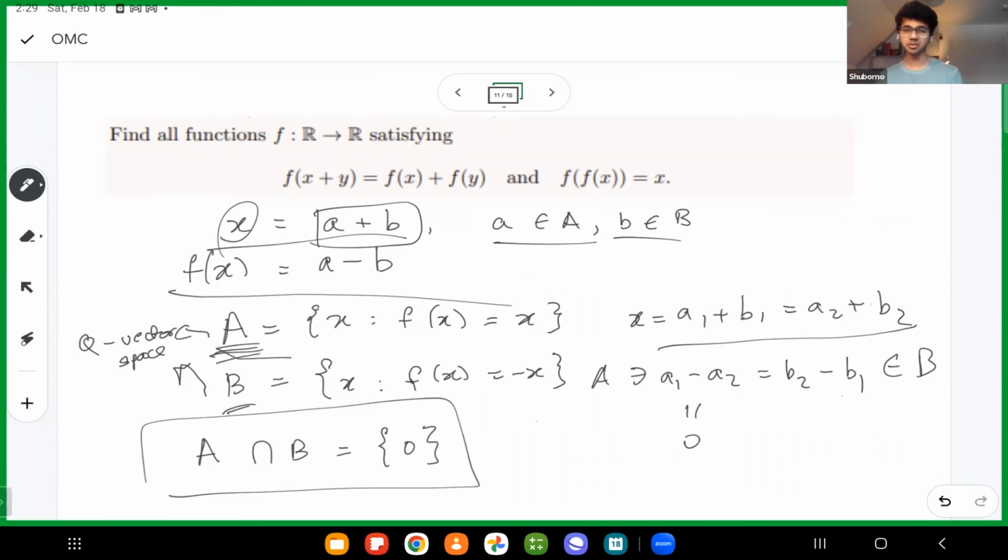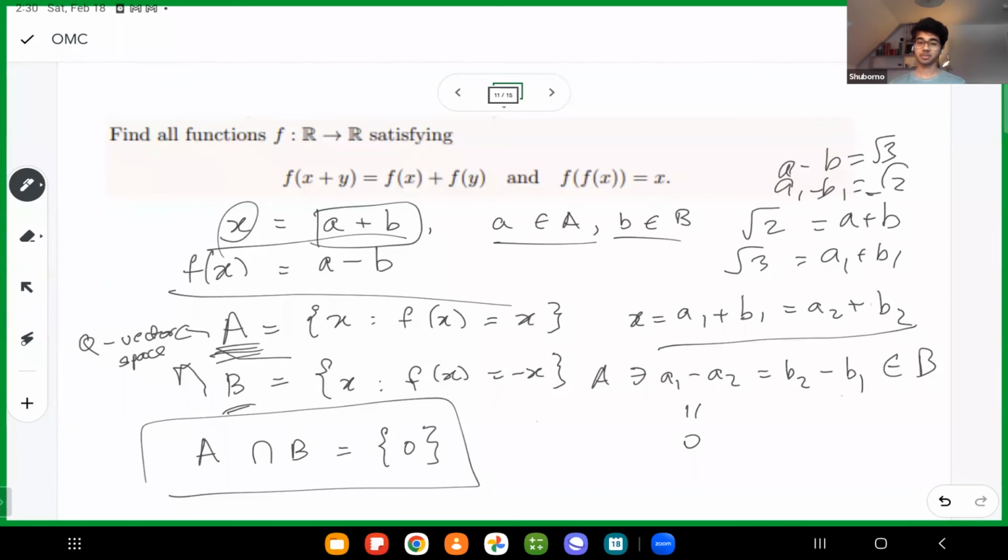I mean, it could really be valid actually. Like if root 2 was expressed as some a plus b, where a minus b ended up being root 3, and root 3 was expressed as some a1 plus b1, and a1 minus b1 became root 2.